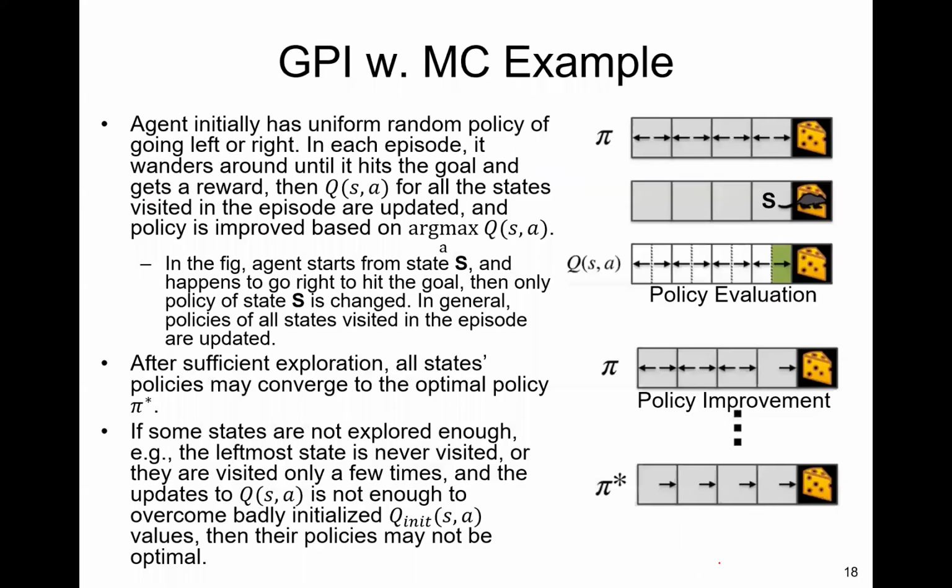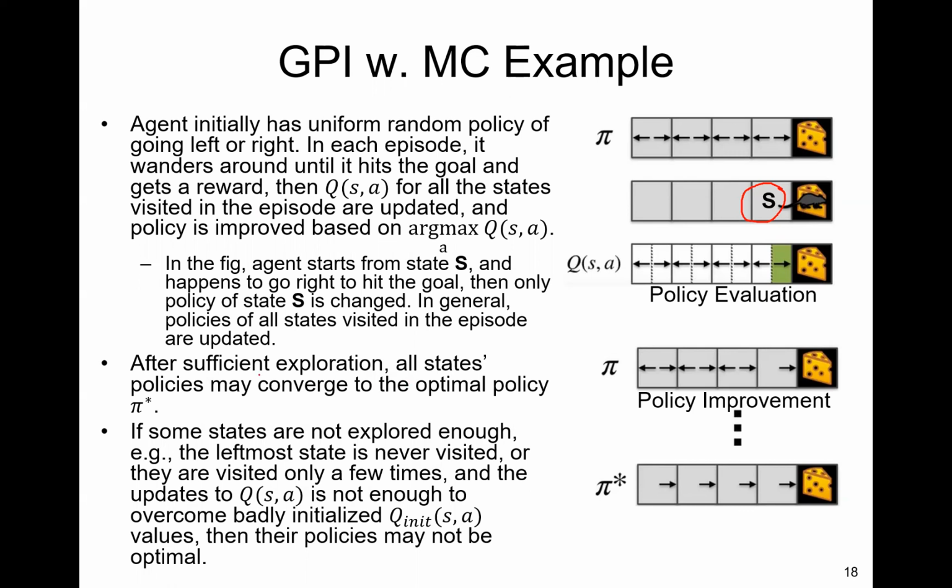improvement. So here's an example where you start from the state S, and then you happen to go right to hit the goal, and then you update the value of state S. Then you perform another episode, and update the value functions for the visited states in that episode.